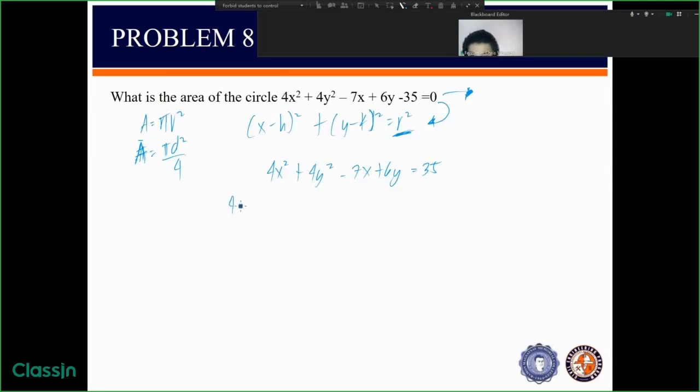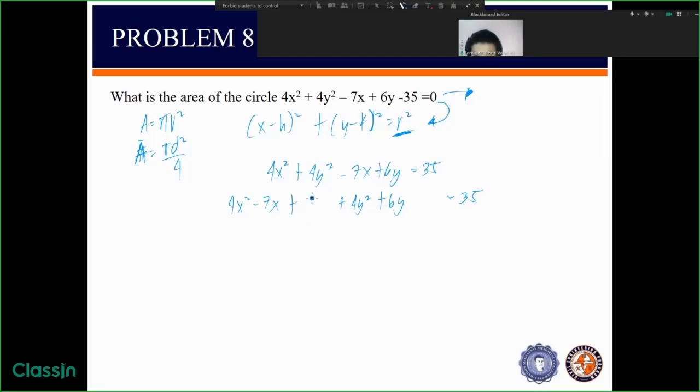And then we have 4x squared plus or minus, i-grupo ko sila in terms of their variable, yung mga x at y. Then leave ako ng space. Dito you have 4y squared plus 6y equal to 35. Yung negative 35, nag-transpose ko na sa kabilang side, magiging positive 35 na.